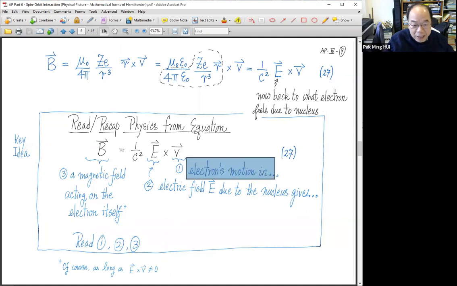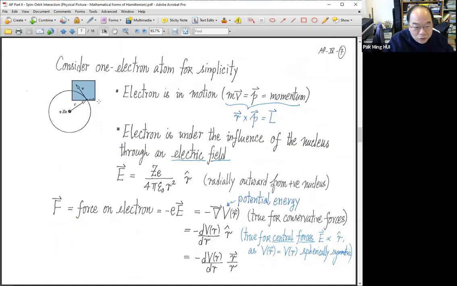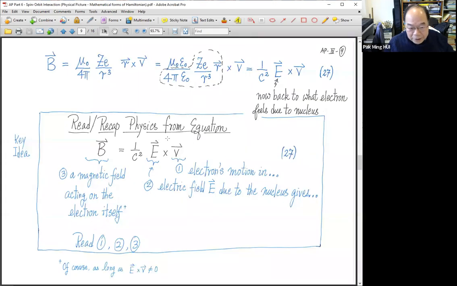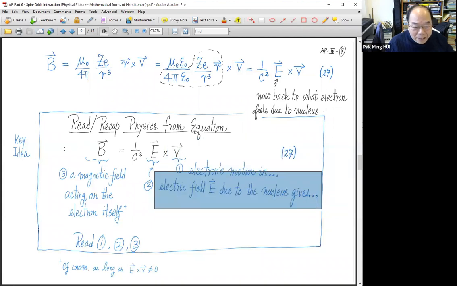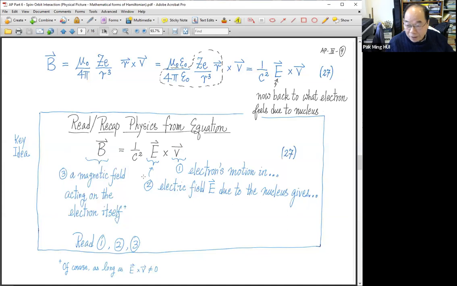Remember the picture I emphasized? It is the electron's motion, okay? So it is the electron's motion in the electric field provided by the nucleus that gives rise to a magnetic field that will act on the electron's spin magnetic dipole moment. Now, let me repeat. This is a very beautiful instant in learning physics, in my opinion. You have an equation, you should listen to what the equation says.